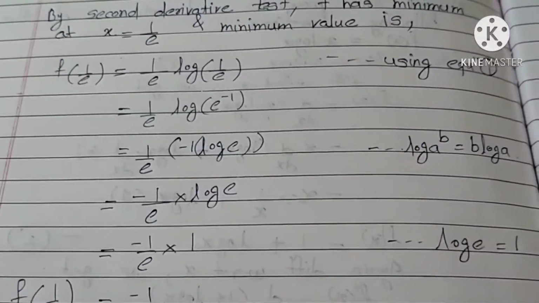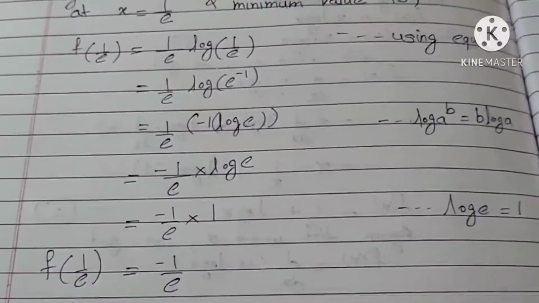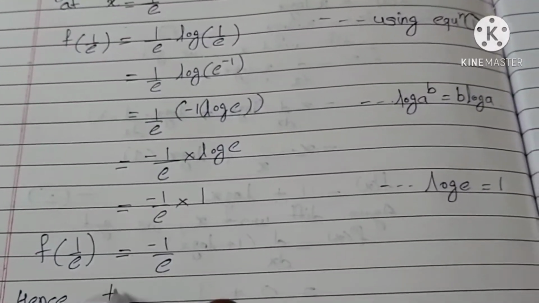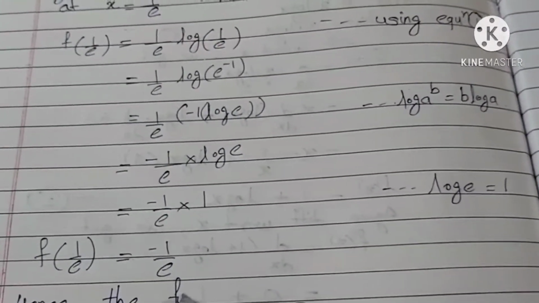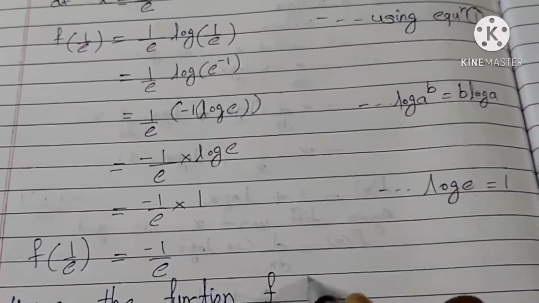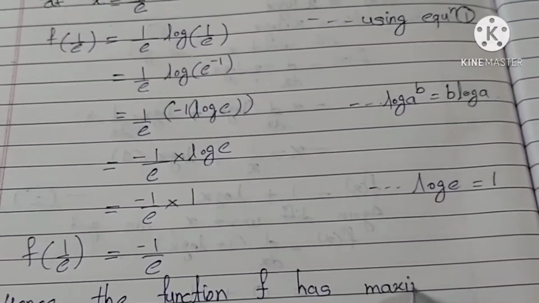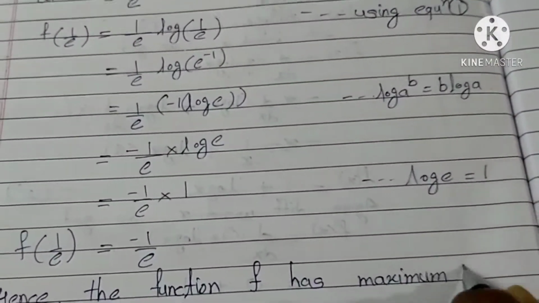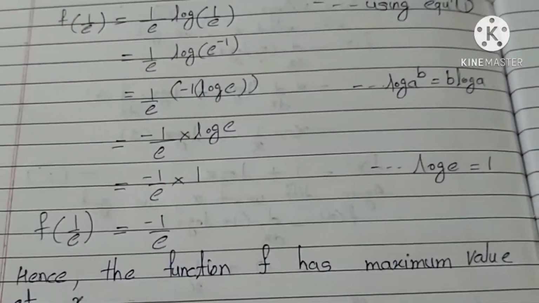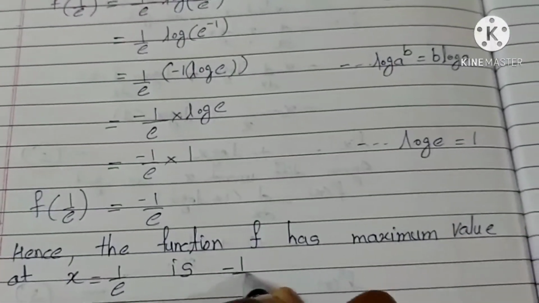Hence the function f has minimum value at x equal to 1 upon e, and the minimum value is minus 1 upon e.